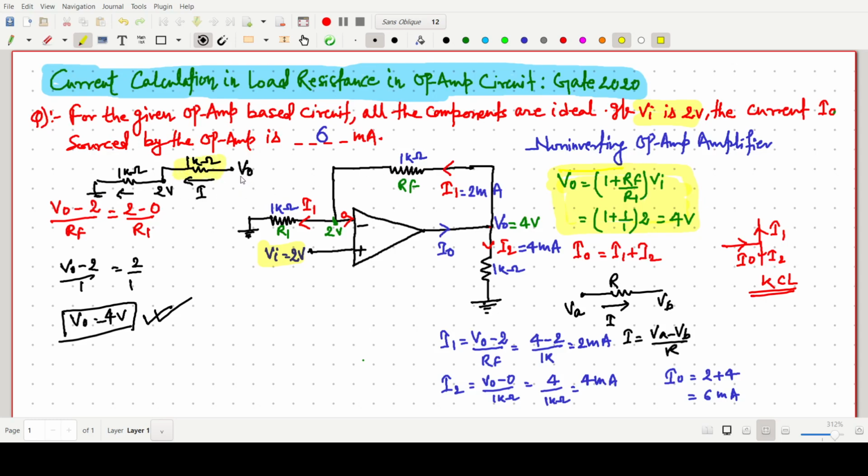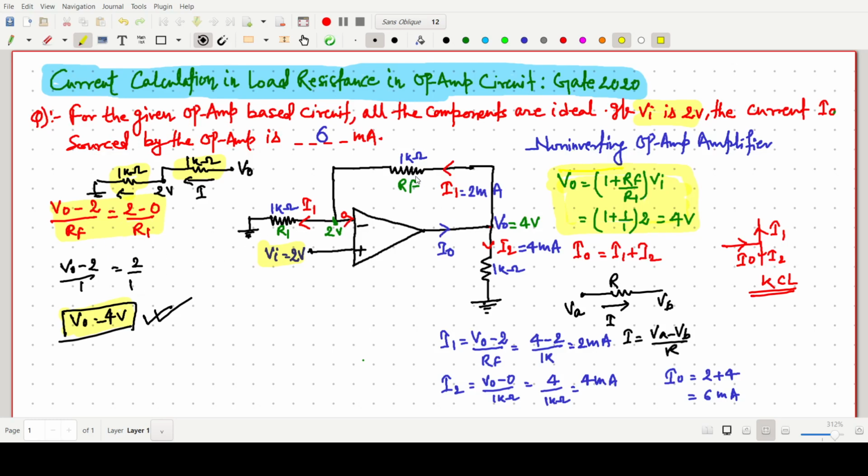We know the output voltage, so this current and this current will be the same. So it will give the same value, V naught equals 4 volts. We are using the virtual current concept, so the inverting input current will be 0.